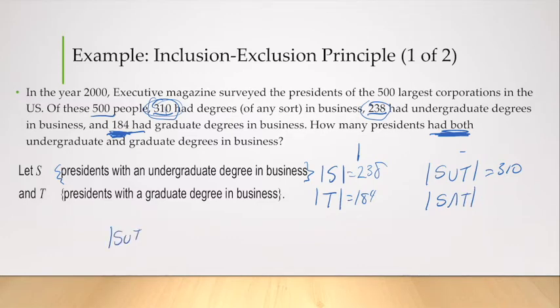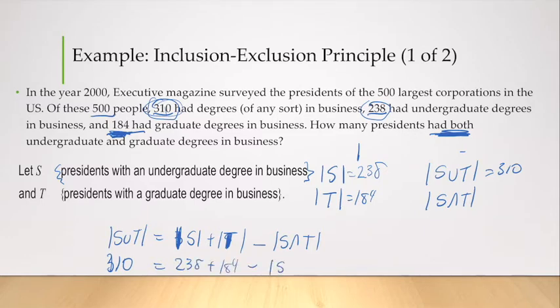So I would have the size of S union T equals the size of S plus the size of T minus the intersection. Now I have 310, because I'm substituting in, equals 238 plus 184 minus the size of S intersect T. If I have 238 plus 184, that gives me 422.